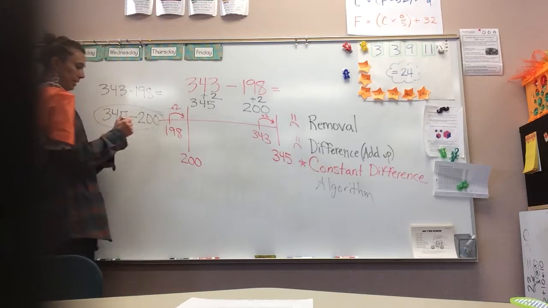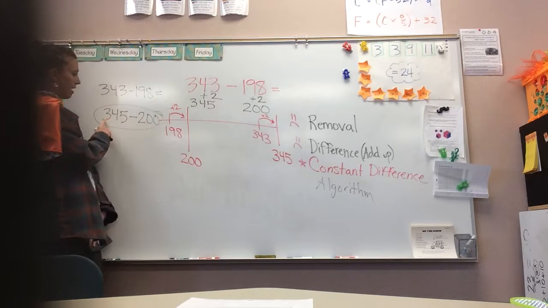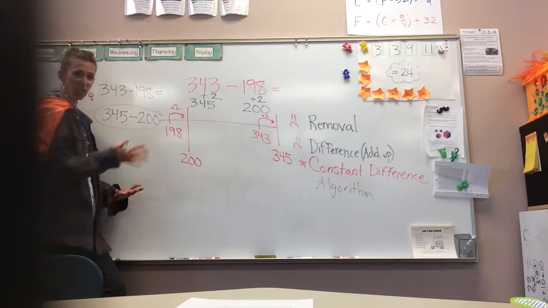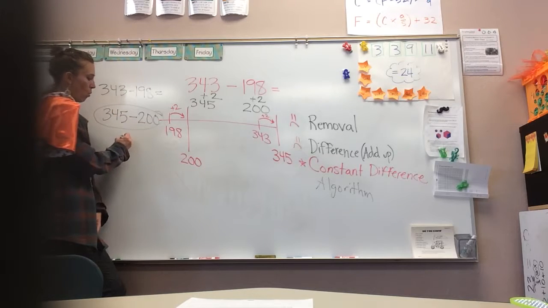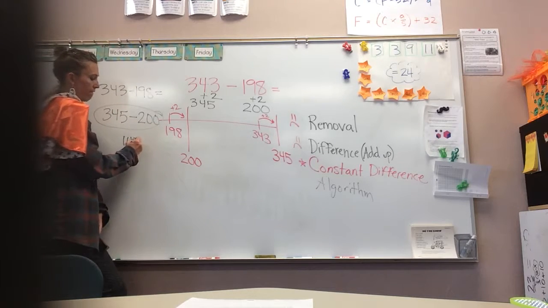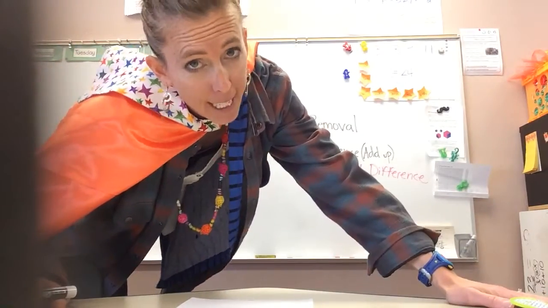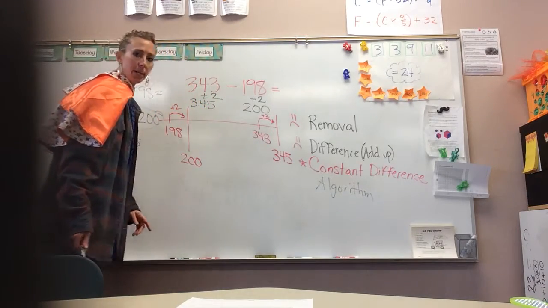And this I can do in my head because I have 300s and I need to take away 200s. I can do that easily. Boom, in my head. And I'm going to be at 145. And then I'd say, that was easy. Okay, constant difference coming to help me.